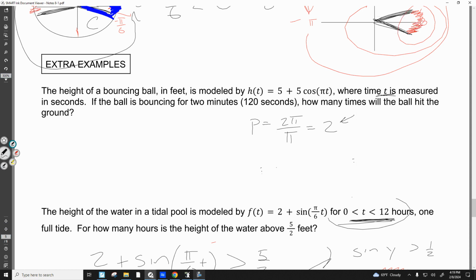T is measured in seconds. Which means we're going through 60 periods of 2 seconds to bounce for 2 minutes.